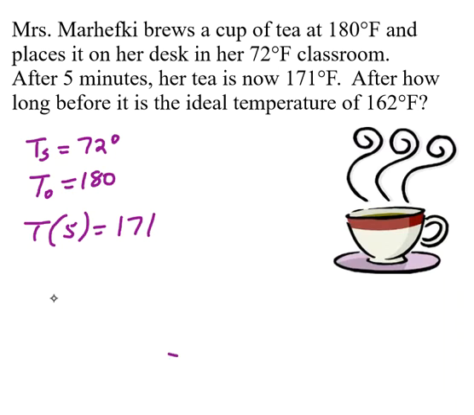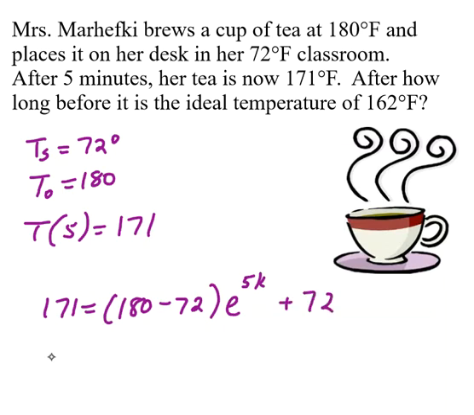So I'm going to go with 171 is equal to 180 minus 72, for that surrounding temperature, the temperature of my room, e to the 5k. I'm doing mine in minutes. Depending on the problem, you might do it in hours. It would just depend on the context.